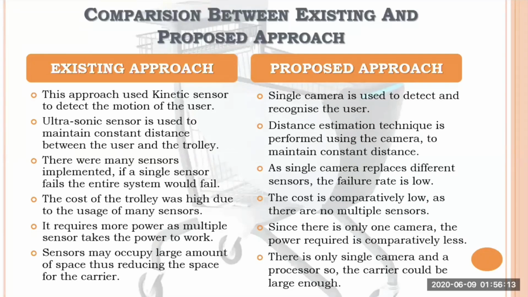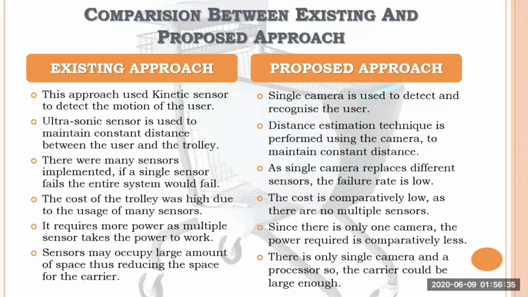Coming to the next comparison, the existing system consumes more power as multiple sensors are used. Since these sensors take more power to work, and every sensor requires power, this affects the power consumption of the processor also.